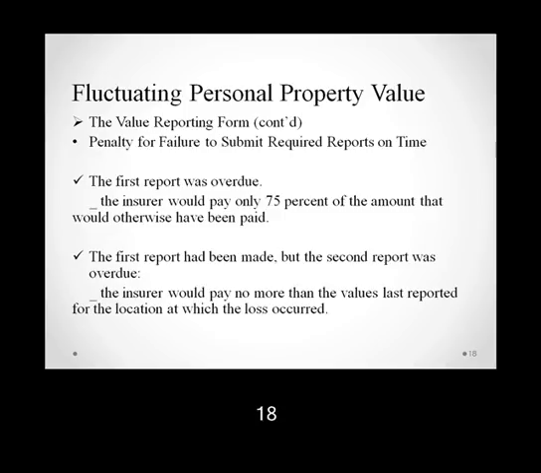If your first report is overdue, then the insurance company will only pay 75% of the amount. Now, if your first report has been made, but the second report is overdue, then the insurance company will pay only the amount that was last reported.